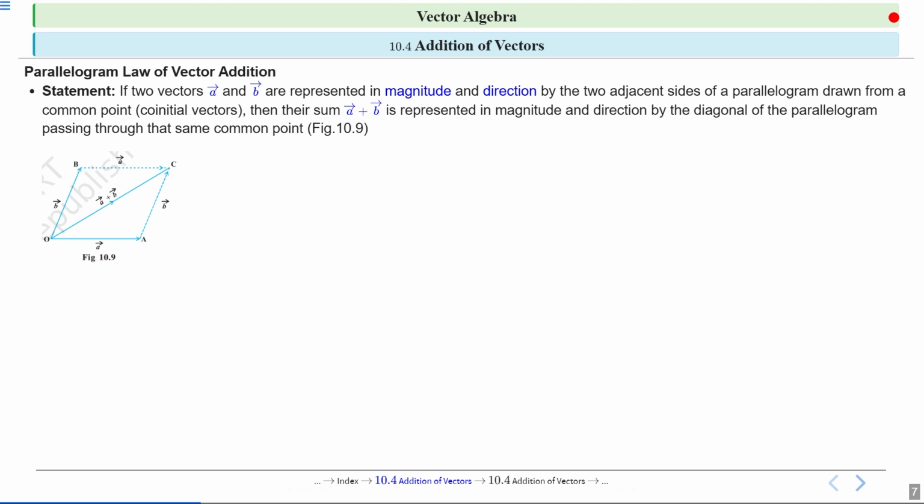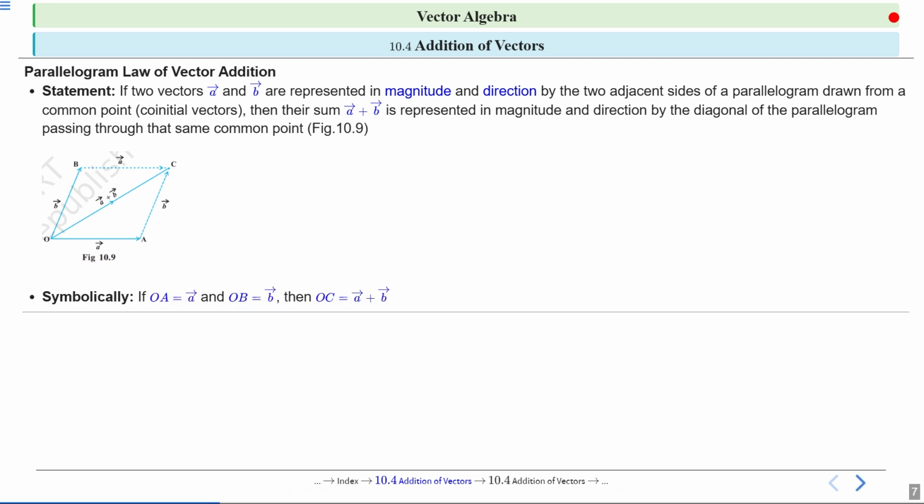We have two vectors a and b. They can be represented by the two adjacent sides of a parallelogram starting from a common point. The sum of these vectors a and b is represented by the diagonal of the parallelogram that passes through the same common point. Okay. The visual representation helps us understand vector addition in terms of both magnitude and direction, right?